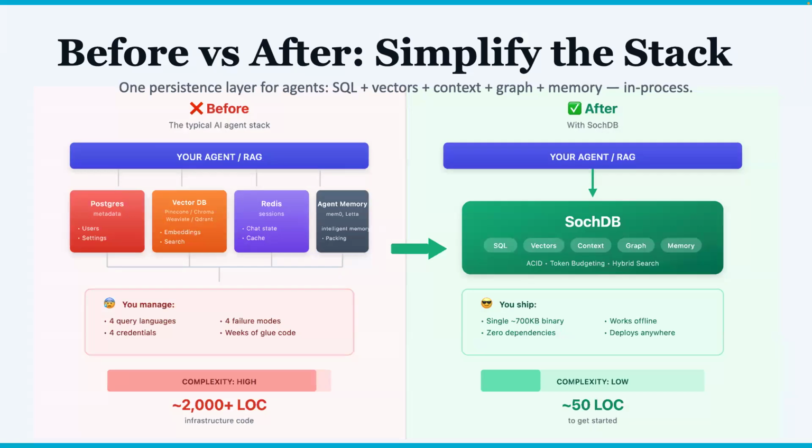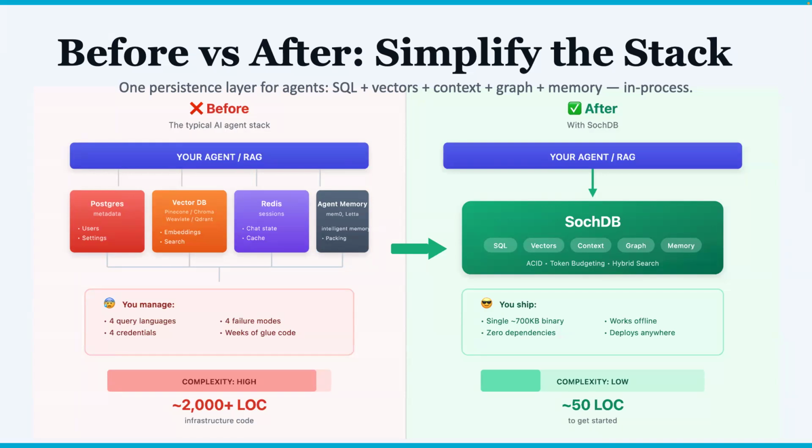When you look at the simplification, when you start architecting your agents, like RAG or something, on the left side this is how your typical architecture looks. You will have your agent. You will have PostgreSQL for your users and settings. Then you'll have embeddings stored in vector databases.